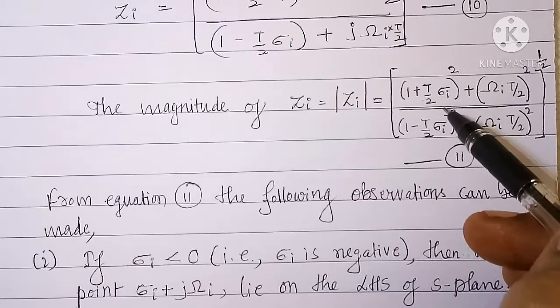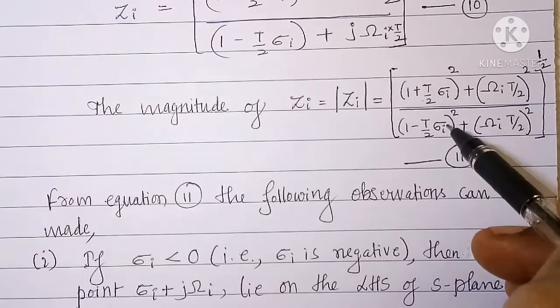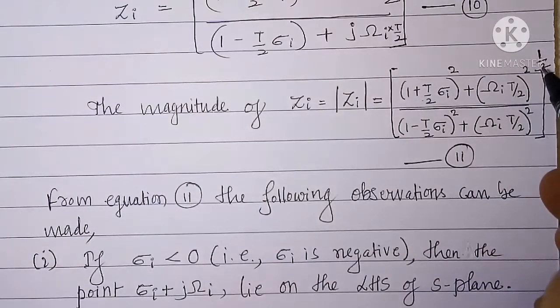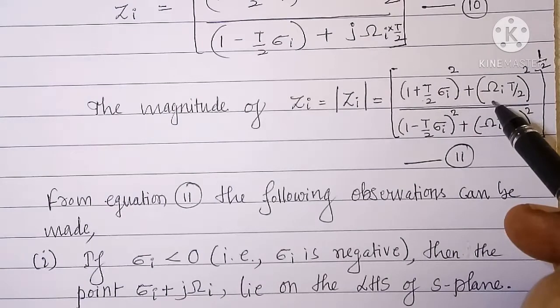So in Zi, when I get numerator less than denominator under the root, Zi value will be less than 1.